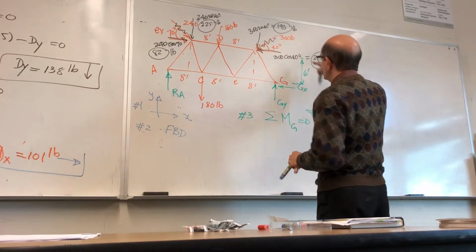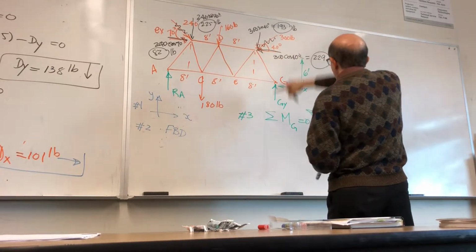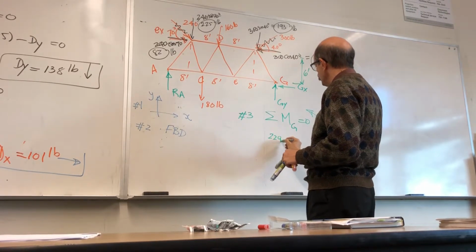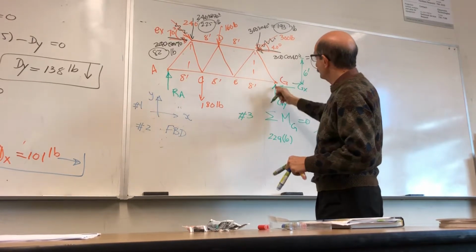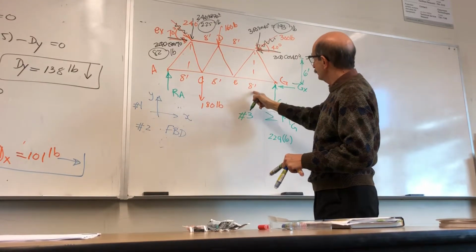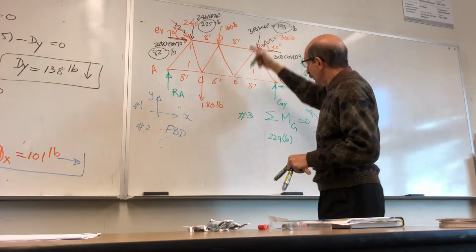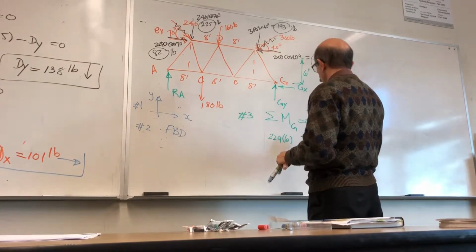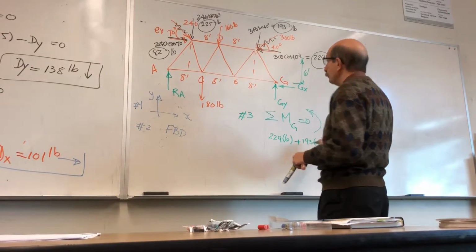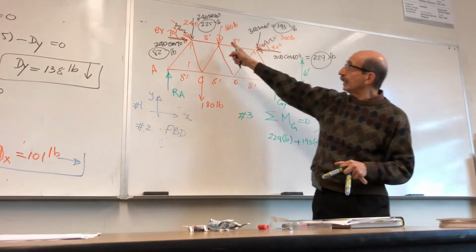You have 229 going this way, counterclockwise. So you have 229 times 6, moment of this force about this point. This guy, the distance is 4, also going counterclockwise, so you have 193 times 4 feet. How about this guy?